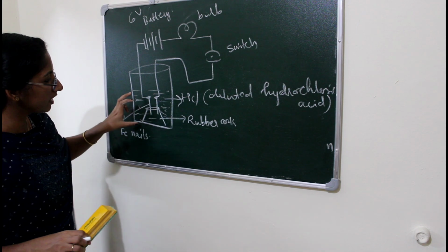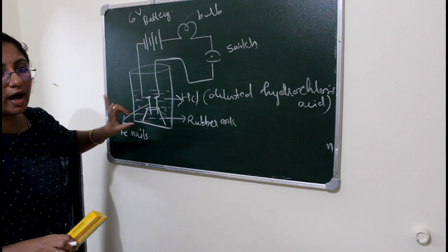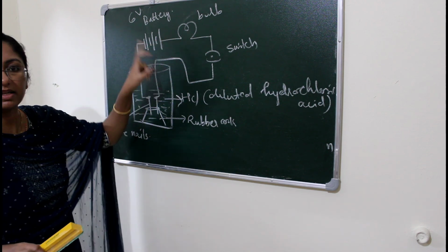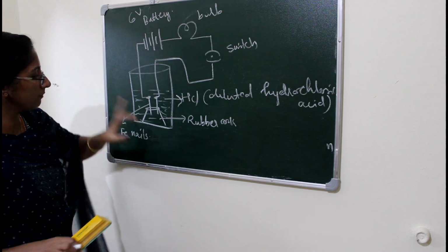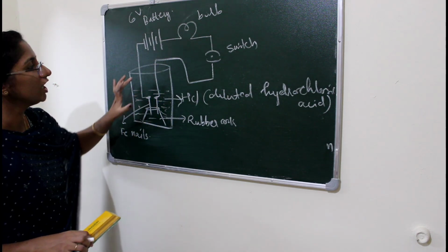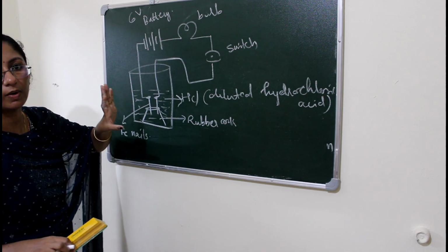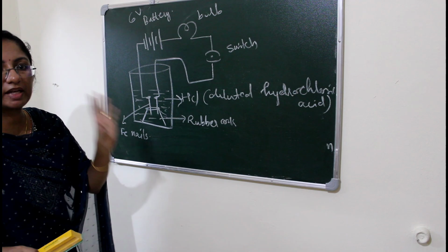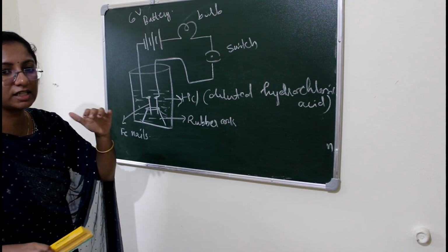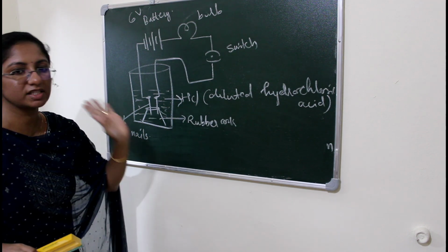So when we take diluted hydrochloric acid in this beaker, we can see the bulb is lighting, which means there is conductivity. That conductivity is due to the presence of these H plus ions.